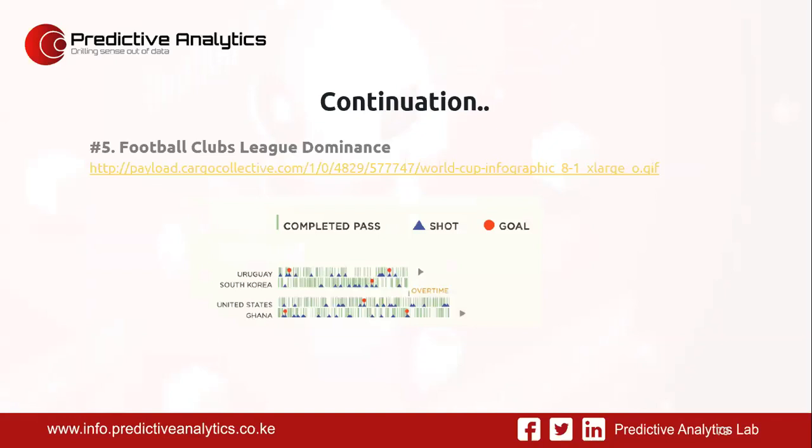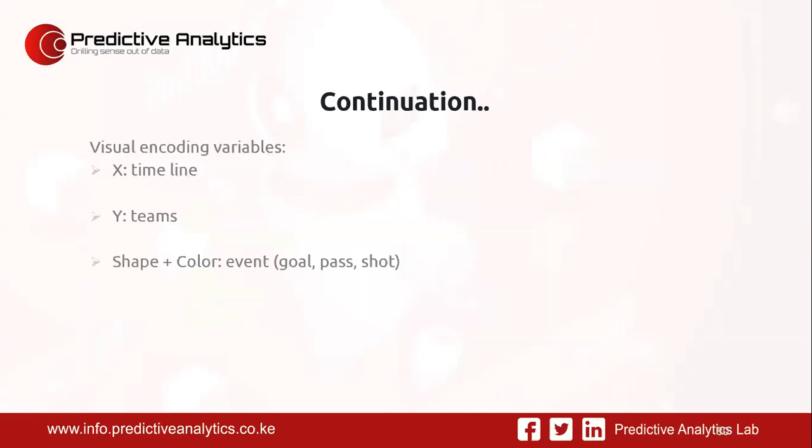Football clubs league dominance. We have X variable being the timeline. We have Y being for teams, and then shape plus color representing event. So that was a goal, pass, and shot.